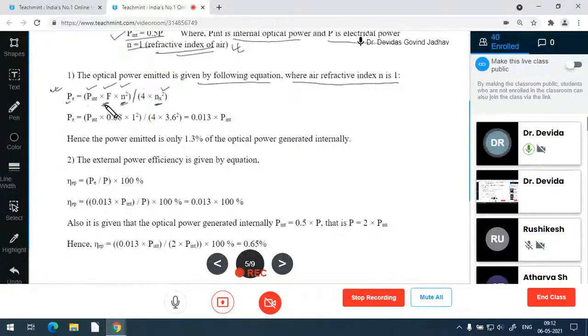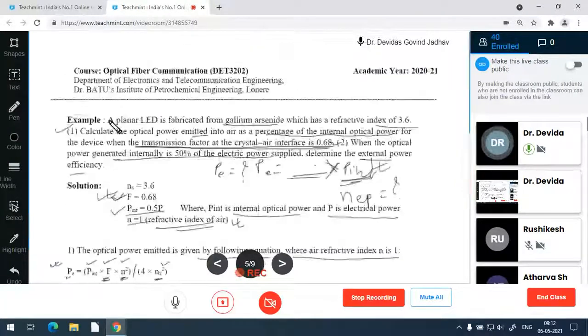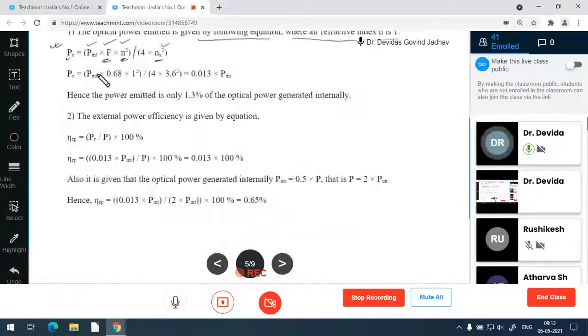F is given 0.68 and P internal we have to keep as it is. We have to find out the emitted power as a percentage of internal power, so internal power we keep as it is in the formula.